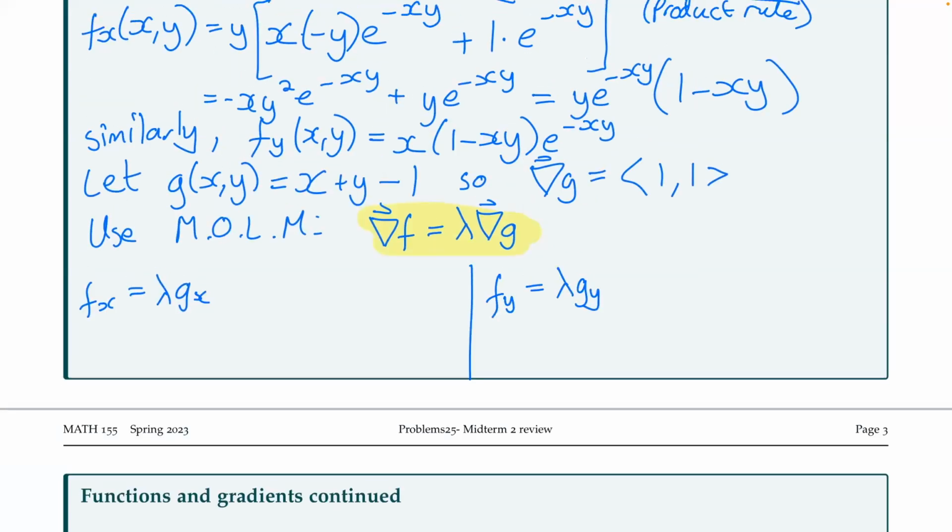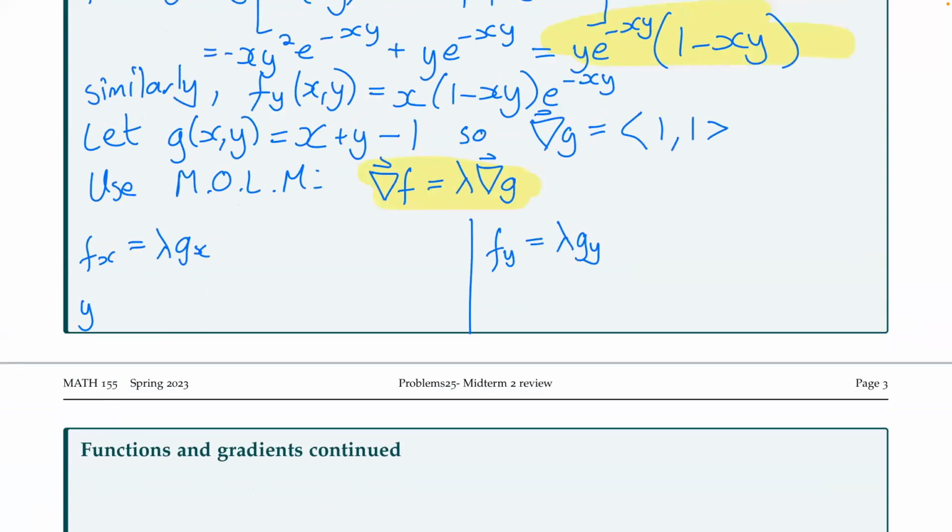Well, we had it up above. It was here. So that means that y e to the minus xy times 1 minus xy is equal to lambda times g sub x. g sub x is just going to be 1, so we just have lambda on that side. And over for our y component, we have x e to the minus xy times 1 minus xy is equal to lambda.